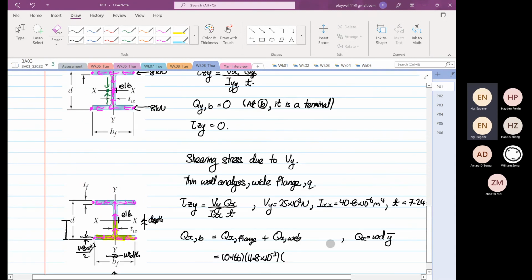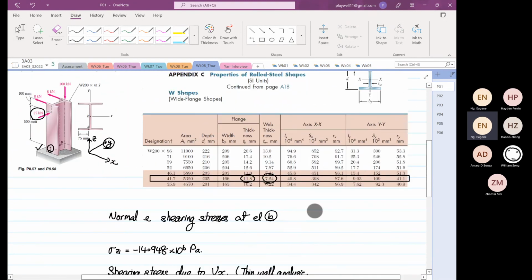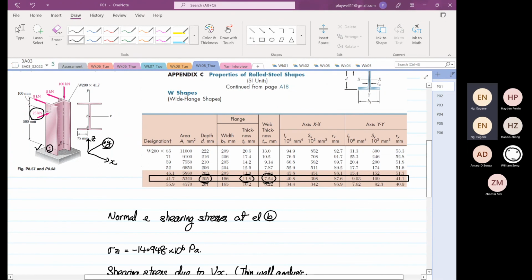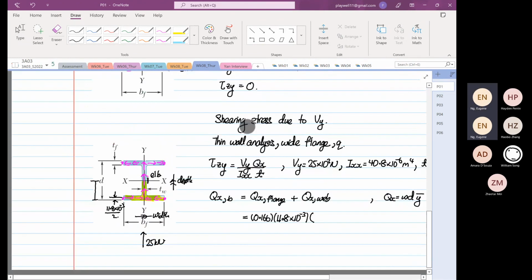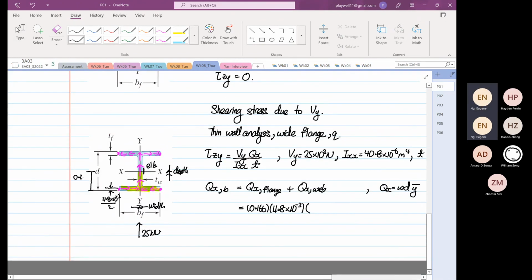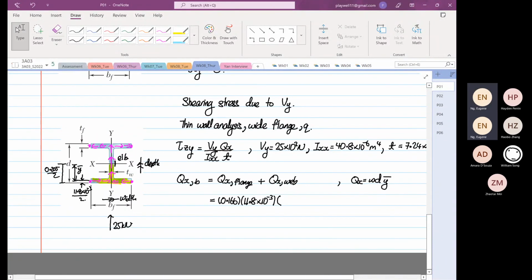And we need to find D. The depth is 205, so this over here is 0.205 divided by 2. So this dimension over here is your y bar. So from here, we have 0.205 divided by 2 minus 11.8 times 10 to the power minus 3 divided by 2.